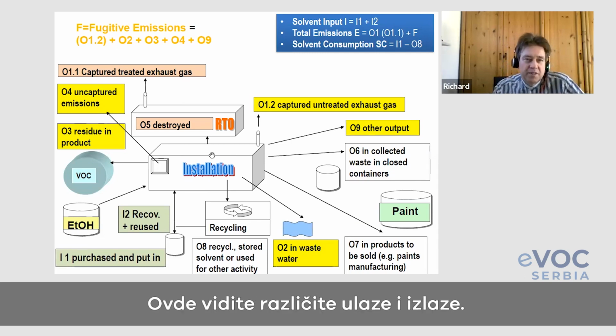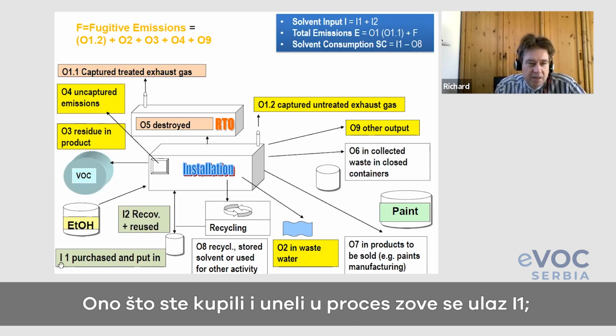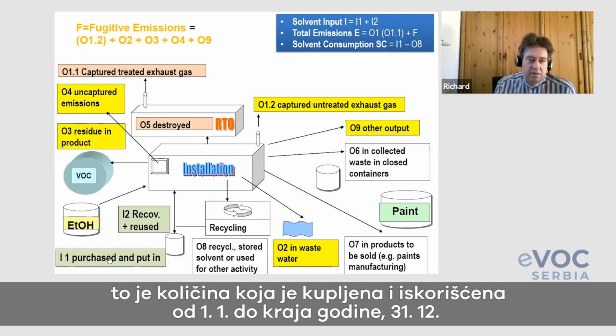So what you see here are the different inputs and outputs. It's clear that what you purchased and what you put in is called input I1, and that is the quantity purchased and used from, for example, 1st January of a year to the end of the year, 31st of December.